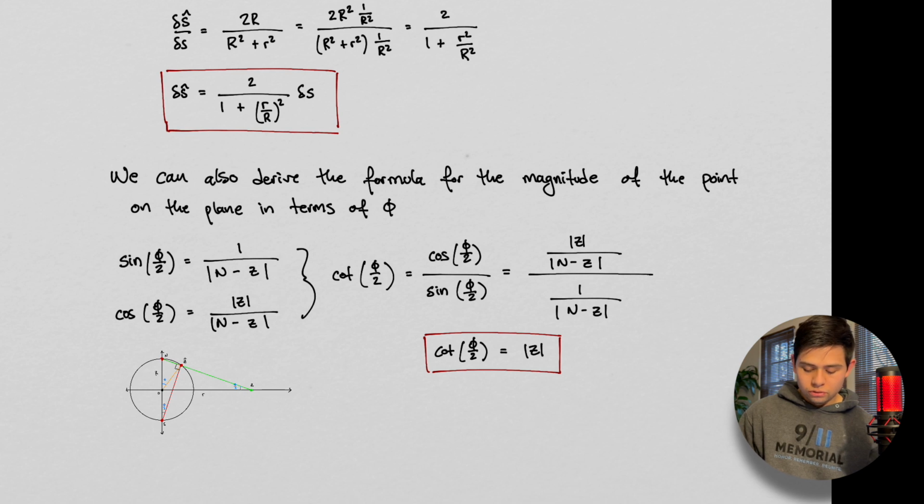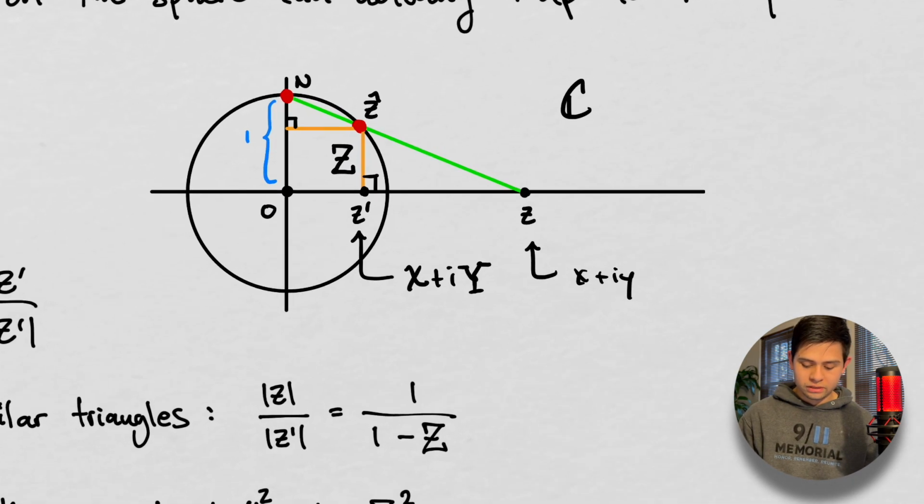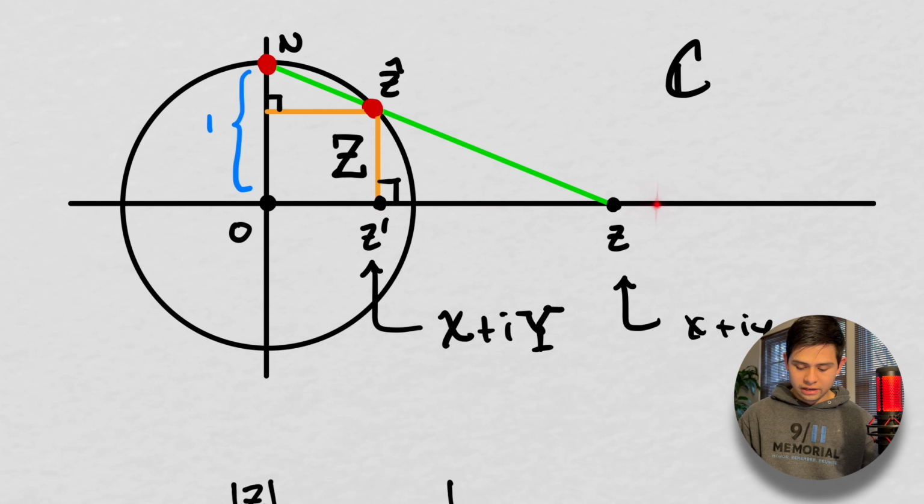So these are all interesting and unique ways or relationships that define what a stereographic projection is. We want to get a little bit more into this, right? So the idea here is that we're going to develop stereographic formulas that now relate points on the complex plane, but with a new point in mind.